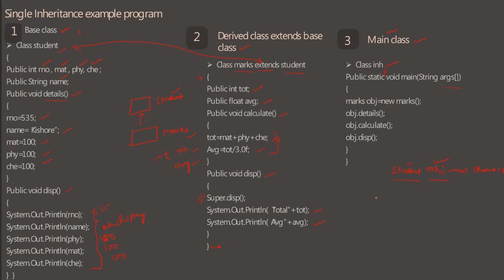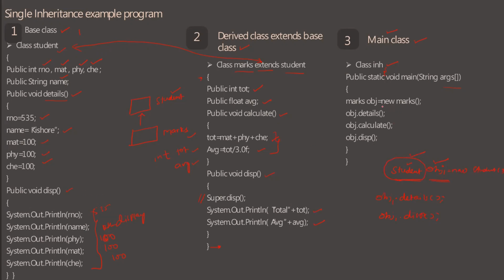So this object can call obj1.details, obj1.display, because as this object is created for your student class, it is restricted to call only the properties of the student class. Is that point clear? So it is going to call like this.